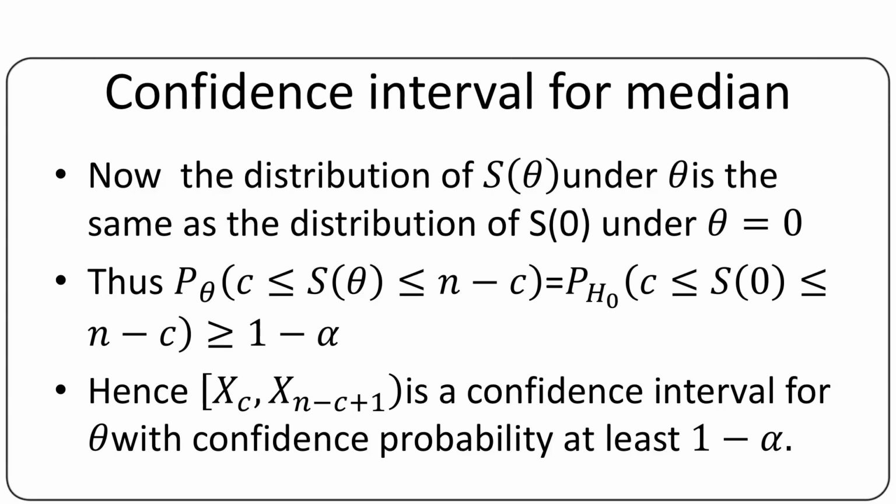Thus, the coverage probability of the random interval X ordered C, X ordered n minus C plus 1 is at least 1 minus alpha. Hence, the random interval X ordered C, X ordered n minus C plus 1 is a confidence interval for theta with confidence probability at least 1 minus alpha.